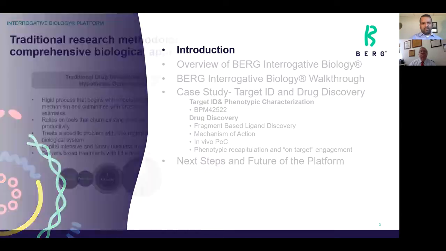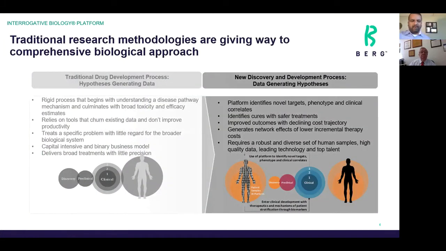Just quickly going through the essence of the platform or the technology that we use. The traditional approaches have always taken some sort of a unidirectional approach towards doing discovery, preclinical, clinical. But what we do at Berg is put the patient and patient samples up front.